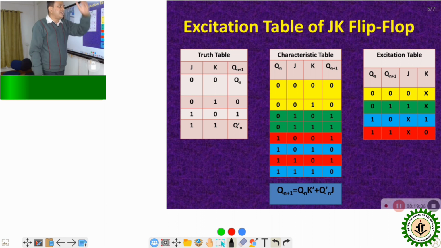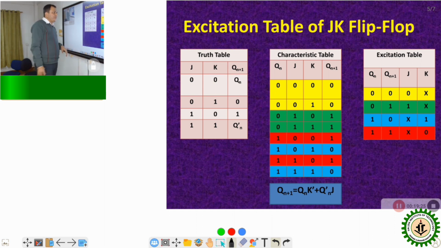So the first row is done. For the 0 to 0 transition, our job is done. If you take 0 at the J terminal and don't care at the K terminal, we can have a 0 to 0 transition. Present state is 0, next state also will be 0.